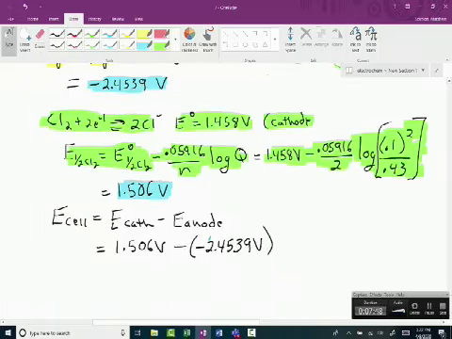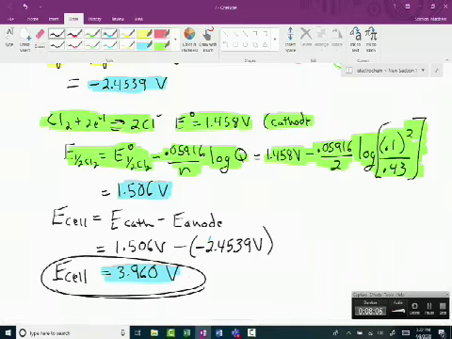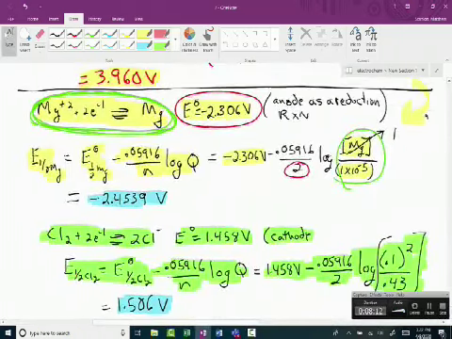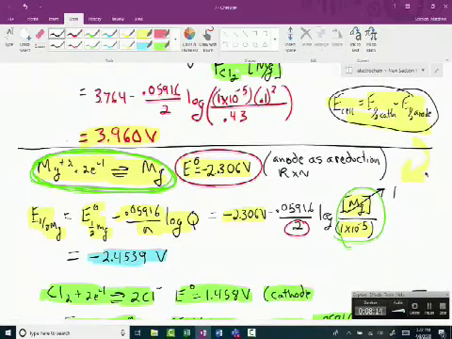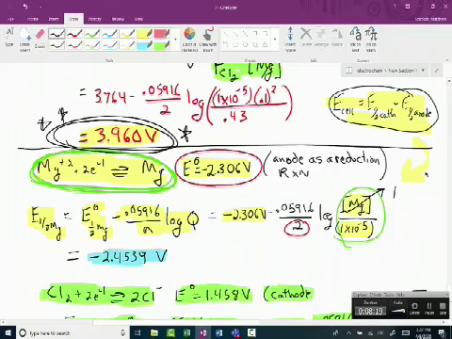And when I sum those up, I get 3.960 volts, exactly what we got before. E of my cell equals 3.96 volts right here. I'm going to circle it, and that is the same as I got up here, 3.960 volts. It worked.